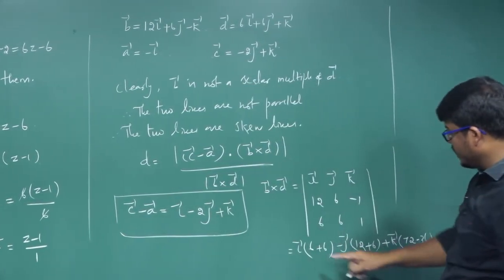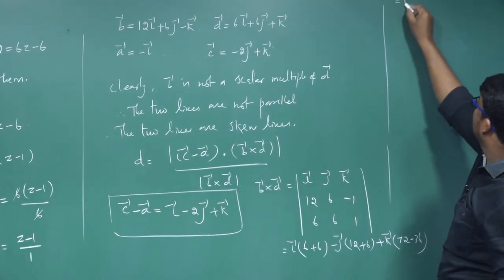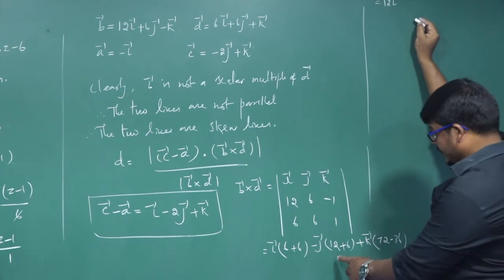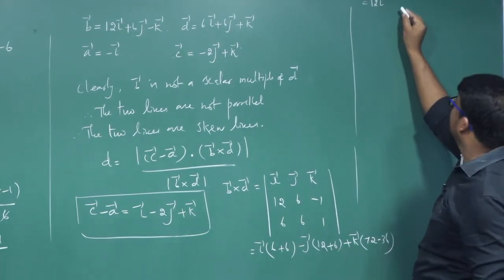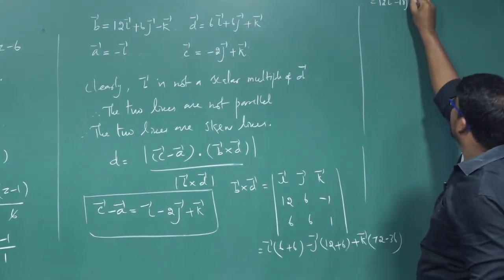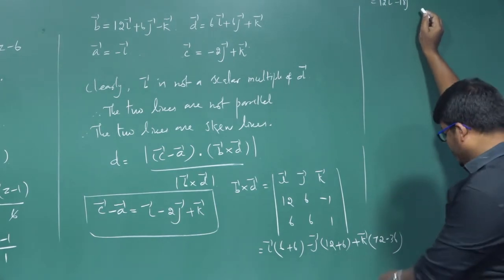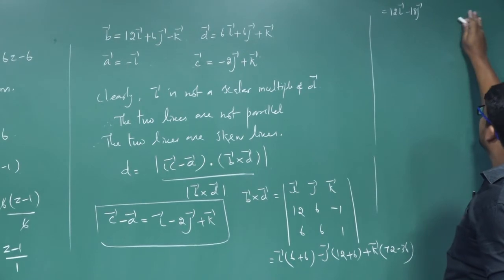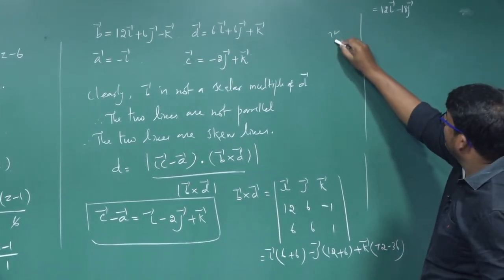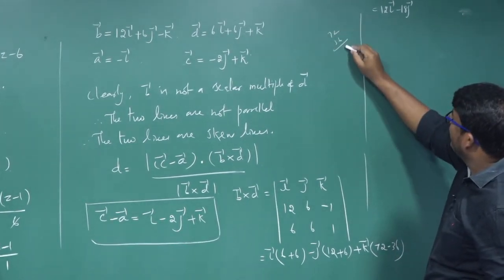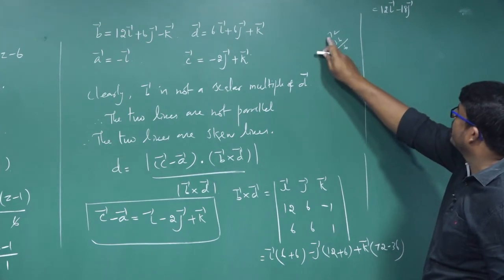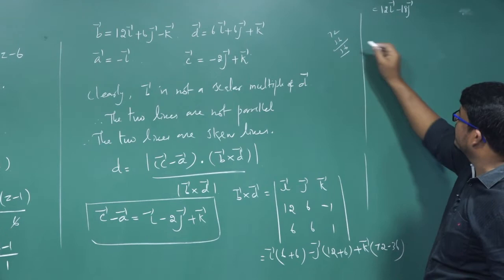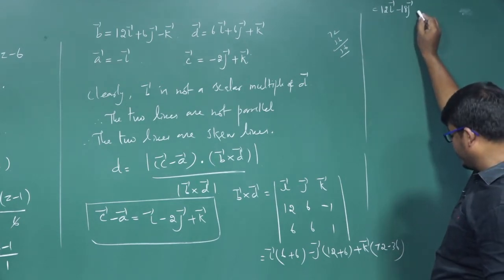Writing in: 6 plus 6 is 12, that is 12i vector, minus 12 plus 6 is 18, minus 18j vector. Next, 72 minus 36 is 36.